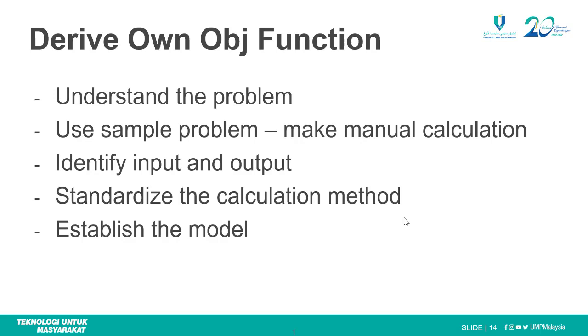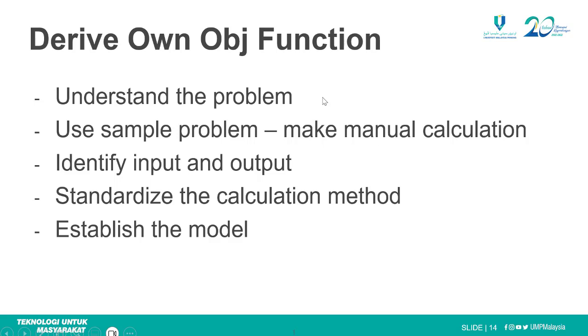Okay, so these are the steps required in order to derive our own objective function, especially based on the manufacturing system or industrial engineering problem. First of all, we need to understand the problem.